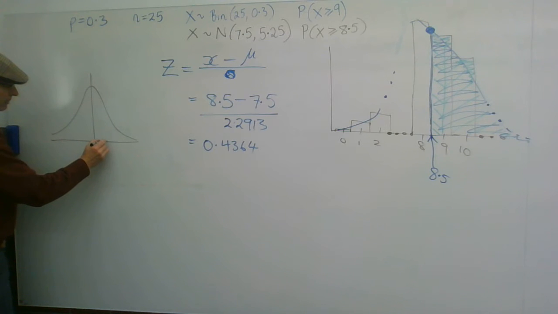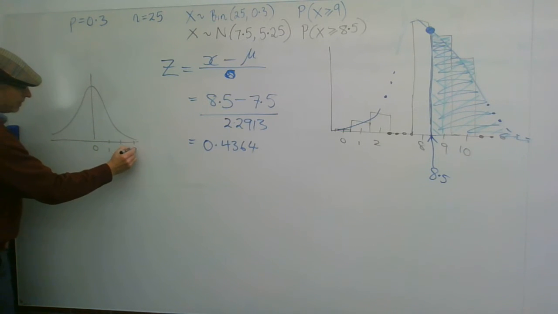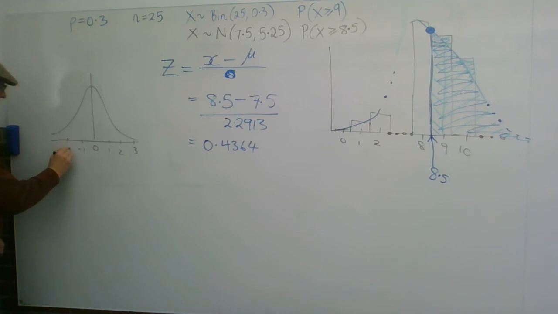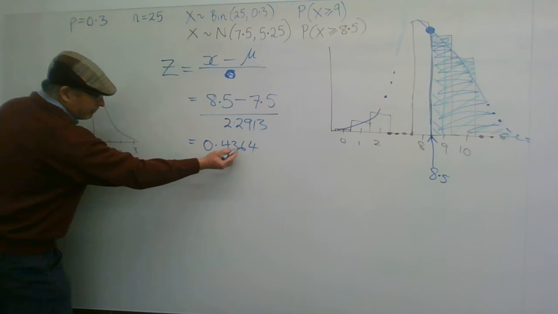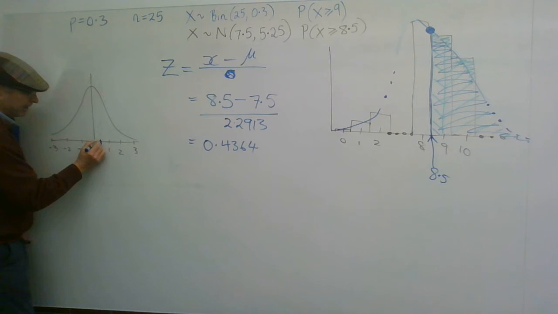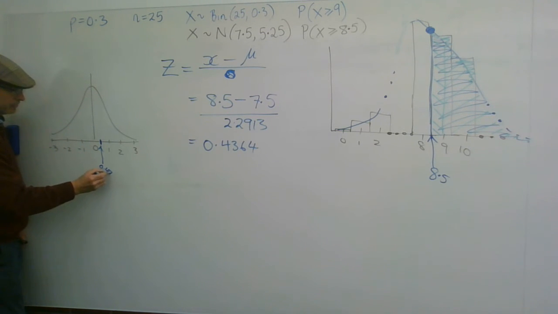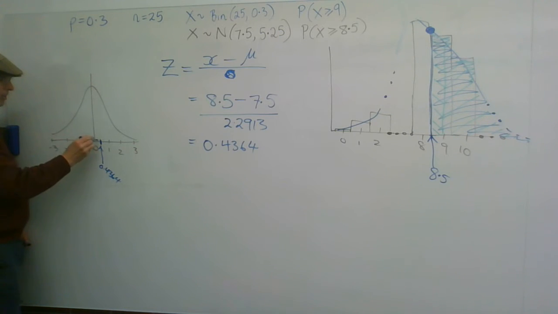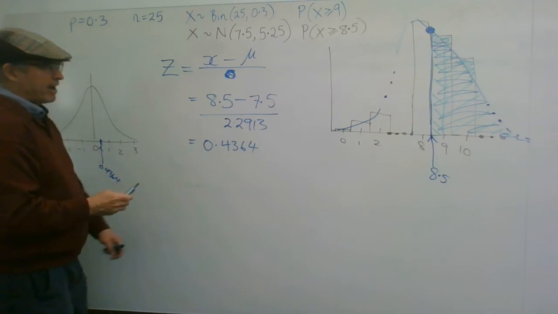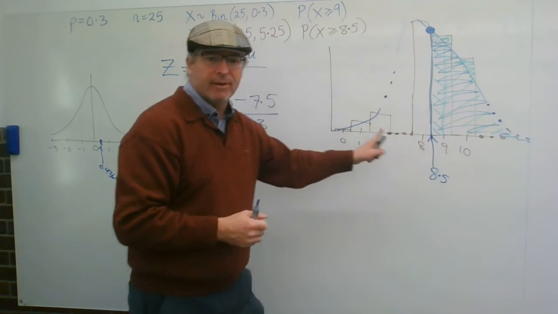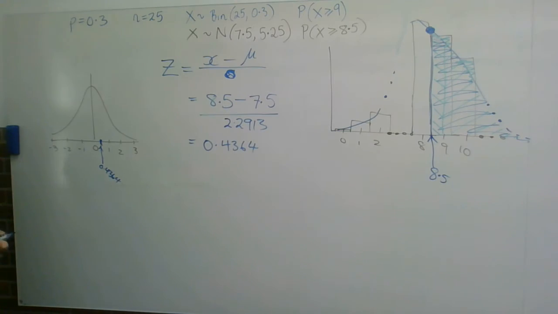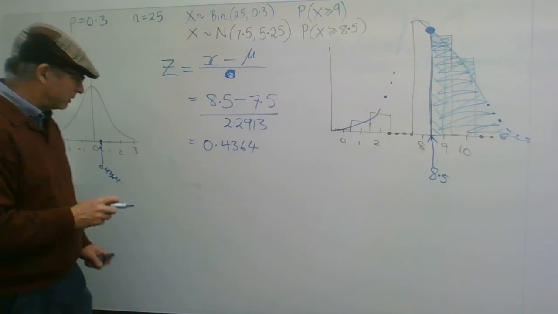There's 0, there's 1, 2, 3, minus 1, minus 2, minus 3. And 0.4364, which is about here, is where the value of 8.5 maps back onto the standard normal distribution.